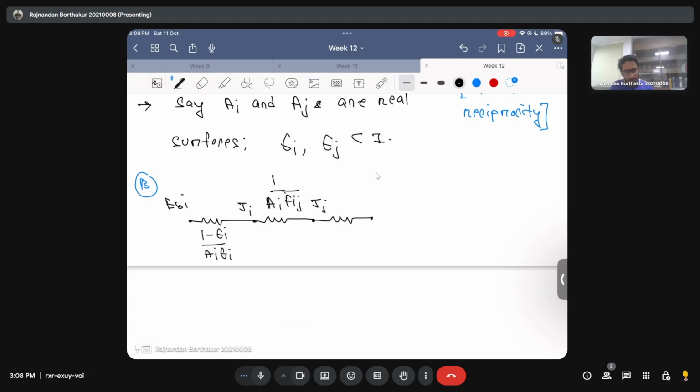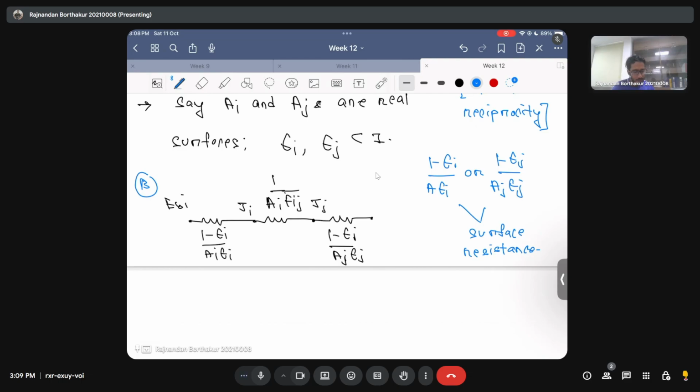And similarly, we'll also have the other resistance as 1 minus epsilon J by AJ epsilon J. These resistances, 1 minus epsilon I by AI epsilon I and 1 minus epsilon J by AJ epsilon J, are known as surface resistances, which arise because the emissivity is now not equal to 1.